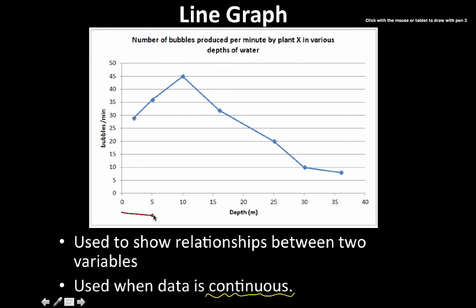We go from 0, and the data is continuous, all the way down to 40 meters of depth. They're not distinct separate groups. It flows that way. So depth in this case is continuous. The other thing that's continuous is time. If you have time down in the x for anything, that's continuous, you should have a line graph there. So keep that in mind.